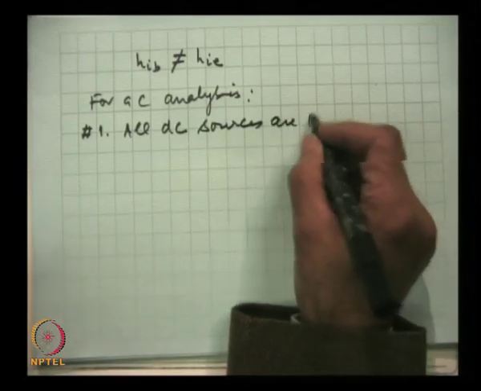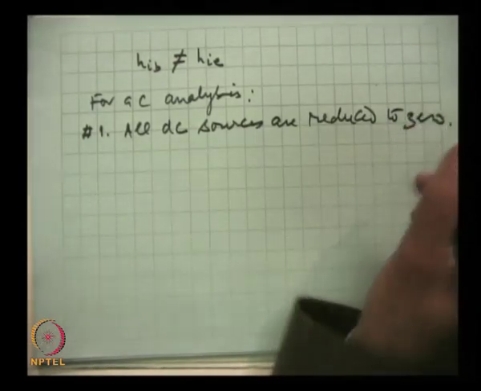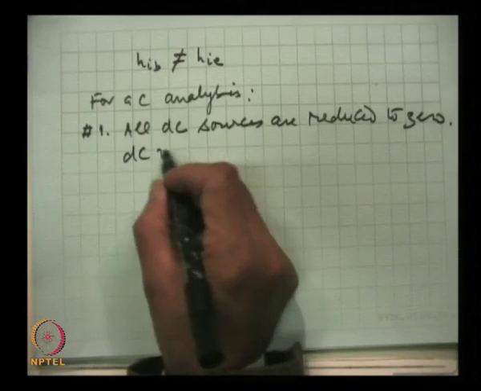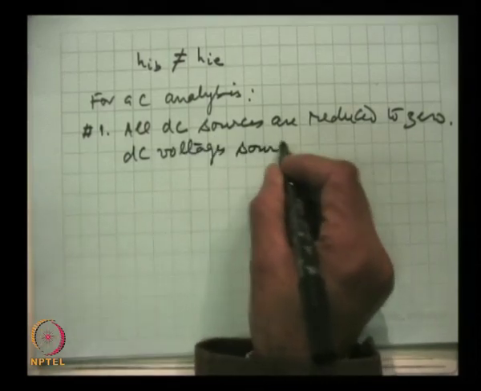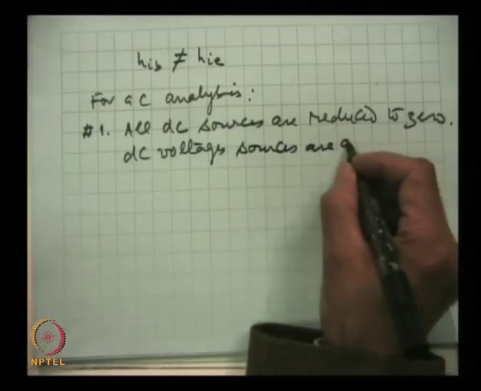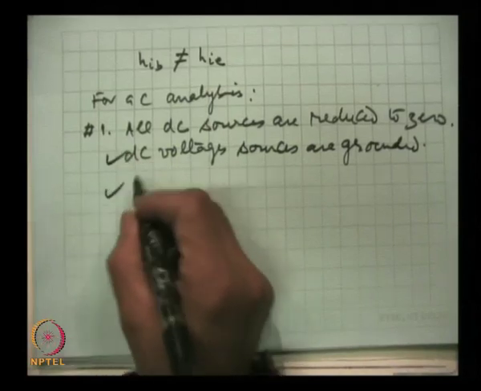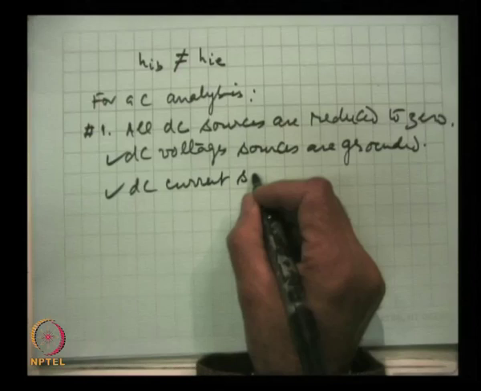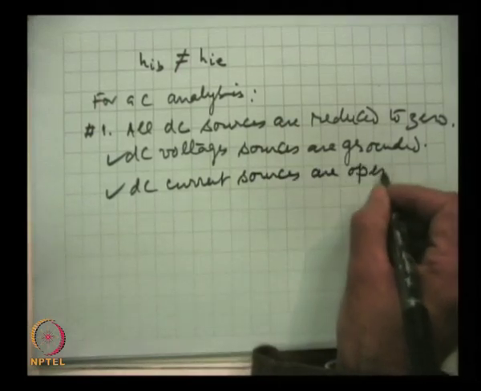So, DC voltage sources are grounded and DC current sources are opened.